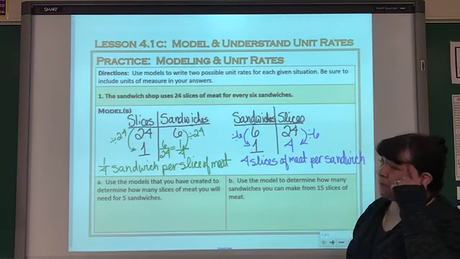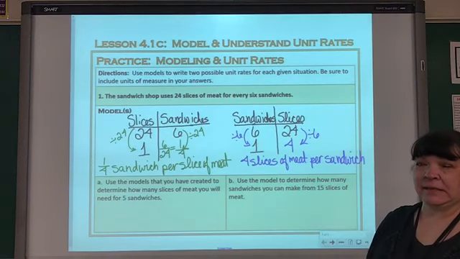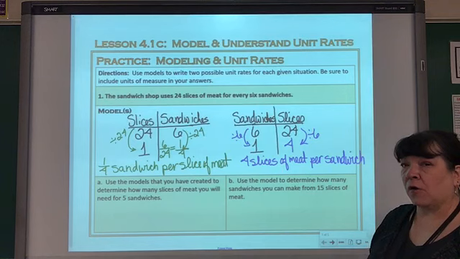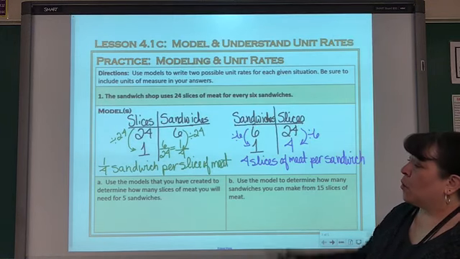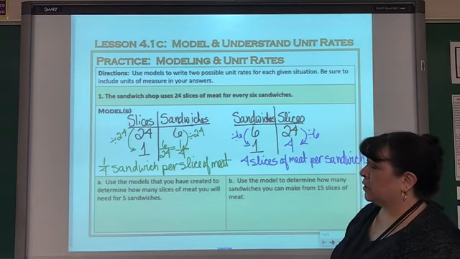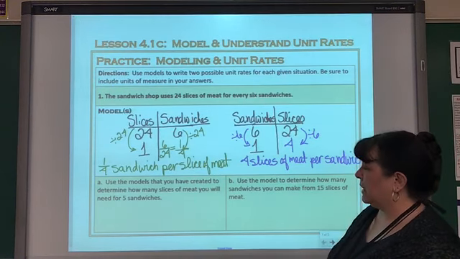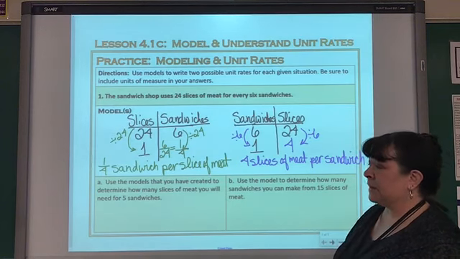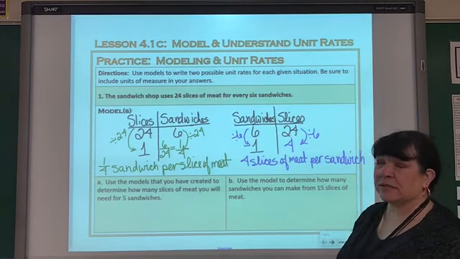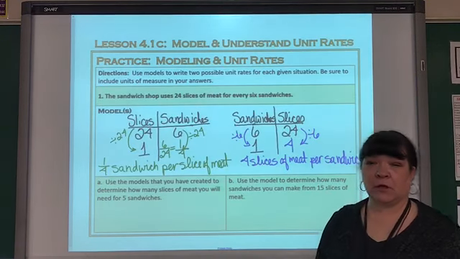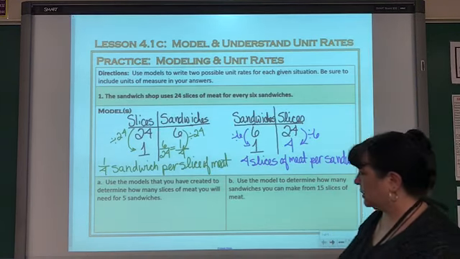Now for many of you, this one probably feels a little more comfortable, but yet both are valid. When we look at using these models to determine slices of meat that you will need for 5 sandwiches, that might be a little easier to use this ratio, because this is per sandwich and we're looking for 5 sandwiches.